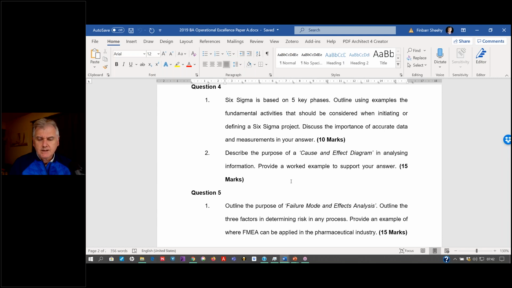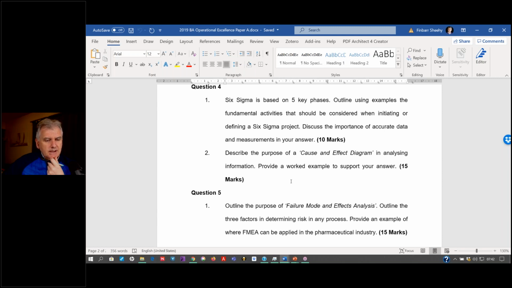Stanford had a big trial recently, and it turned out to be really badly done, and all the data was totally discredited, and there's a lot of that stuff going out there. So you could talk about the importance of accurate data. What would be the impact on a Six Sigma project if it wasn't defined properly, if you didn't measure it properly, if you didn't come up with the proper root cause, for example.